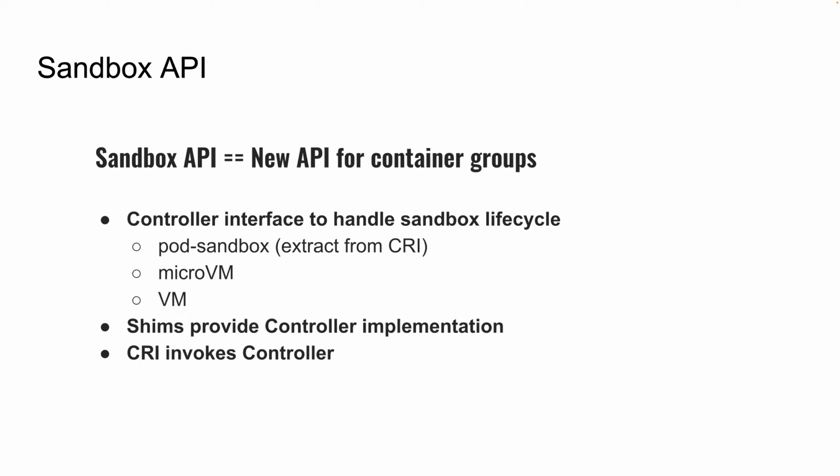You can think of changes to the actual VM that may become relevant over time, from resizing the VM to when that VM actually gets started up, how long it lives, and what the relationship is between the different containers that run. The sandbox controller is an interface designed to manage that lifecycle, rather than previously these were managed through the task API, which was focused more on an individual container lifecycle.